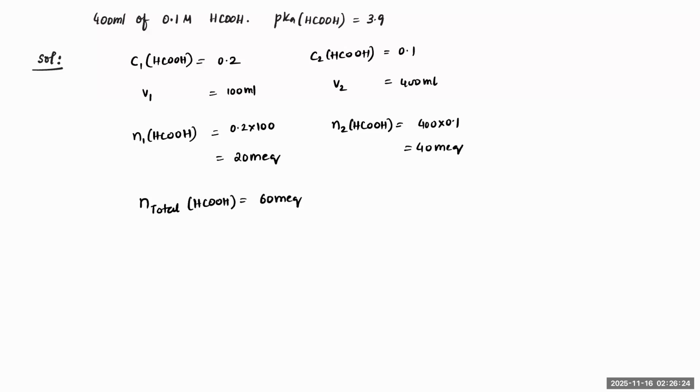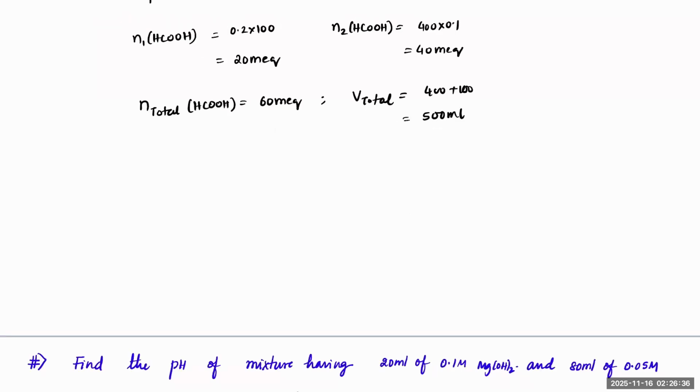And what is the total volume here? The total volume will be equal to 400 plus 100, which is 500 ml. Now we know the total number of moles and we know the total volume. So what will be the final concentration? The final concentration after mixing will be equal to the total number of moles by the total volume.